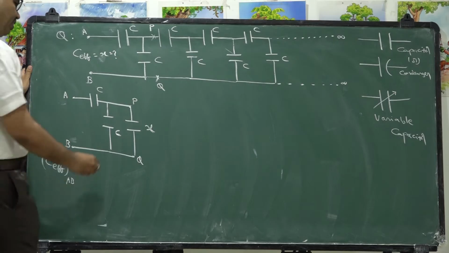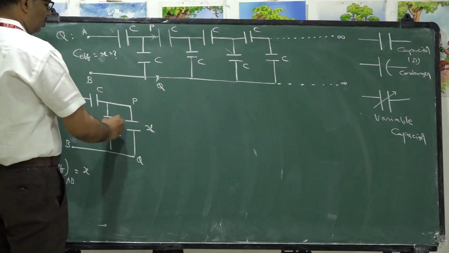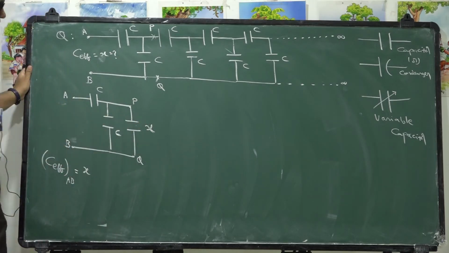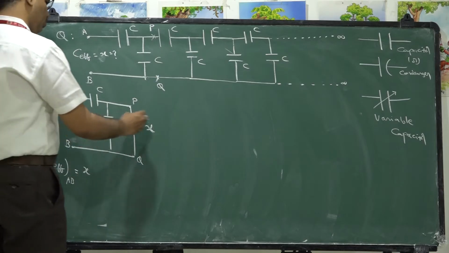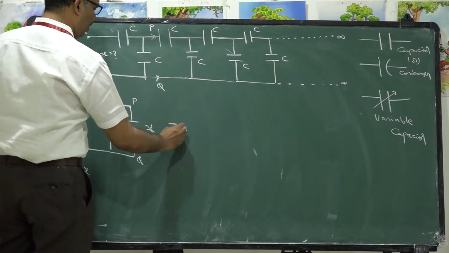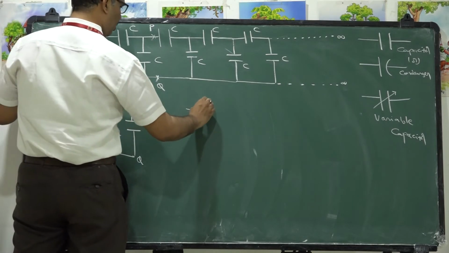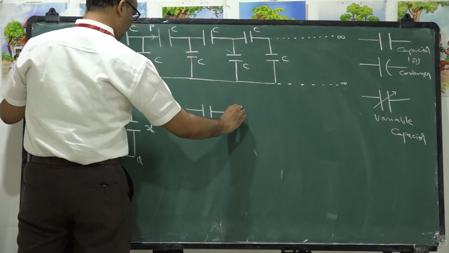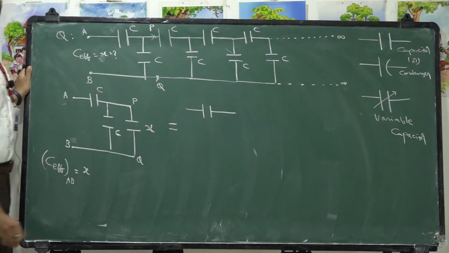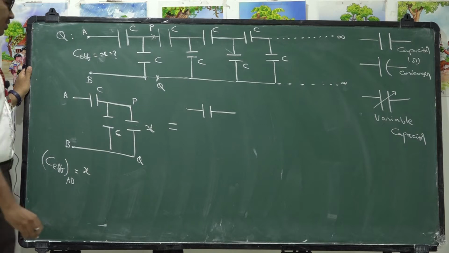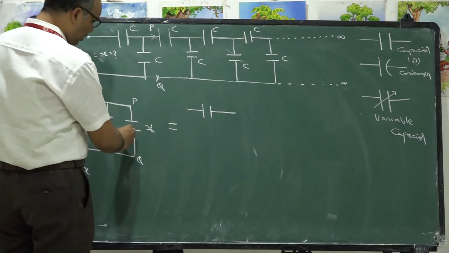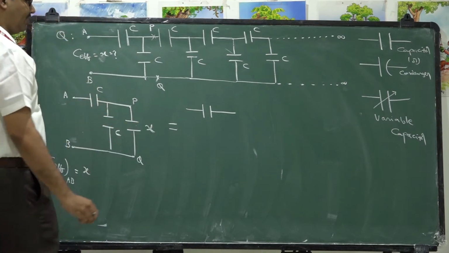If you observe clearly, these two capacitors are parallel to each other. So this network can be replaced with this capacitor like this. What is the effective capacitance in parallel combination? C effective in parallel combination is sum of individual capacitances.